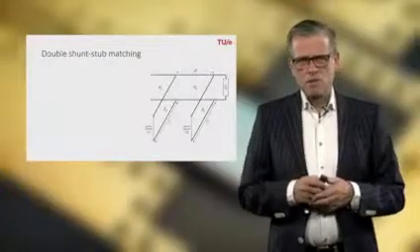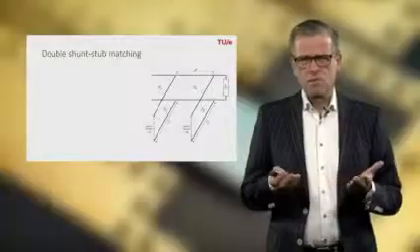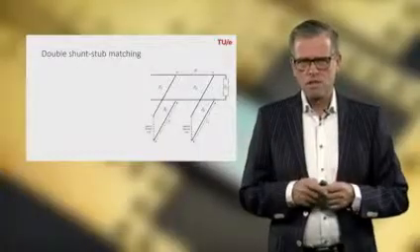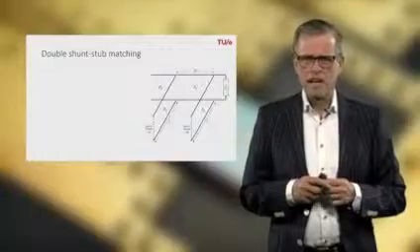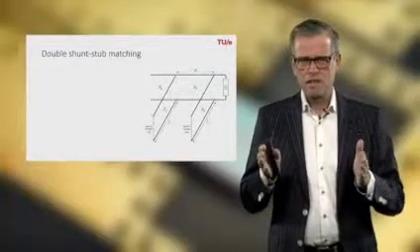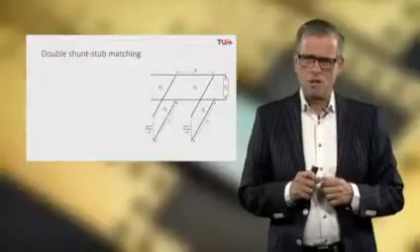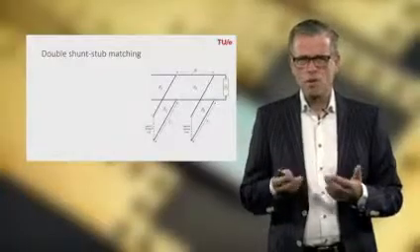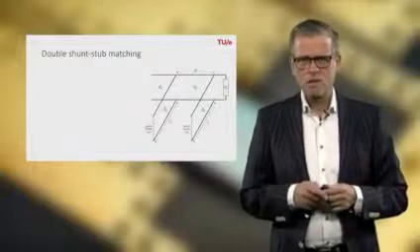Next to single shunt stub matching, we can also extend it to double shunt stub matching, as indicated in this figure. So we again have a line section with the length D, but now we have 2 stubs, which can be either open or short circuited stubs with a certain length, L1 and L2.